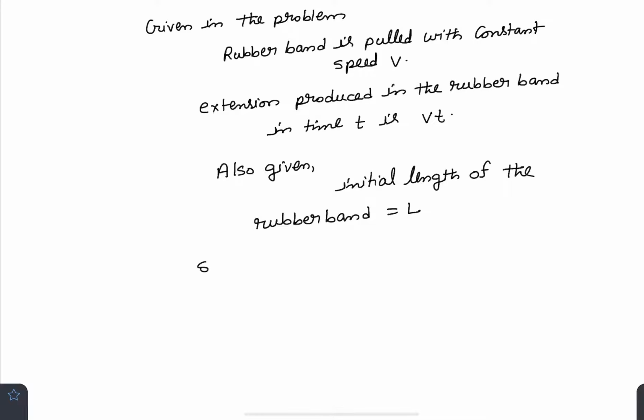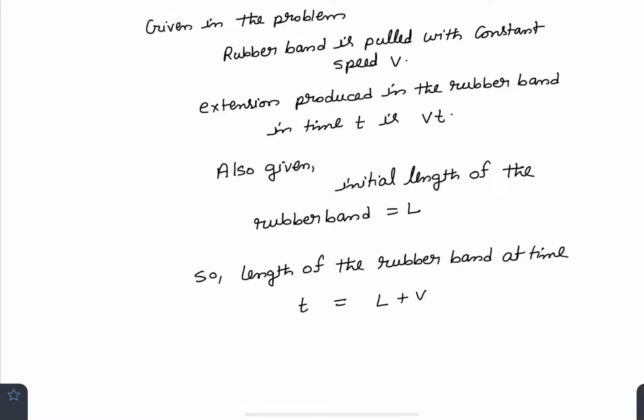Now the initial length was L and the extension produced was vt. So the length of the rubber band at time t would be equal to L plus vt: initial length plus extension produced.